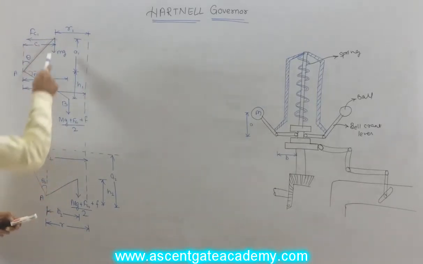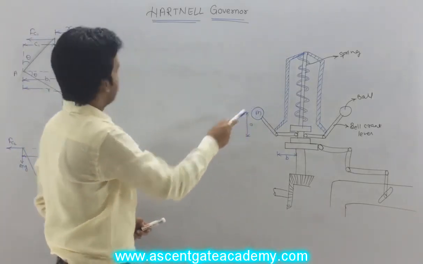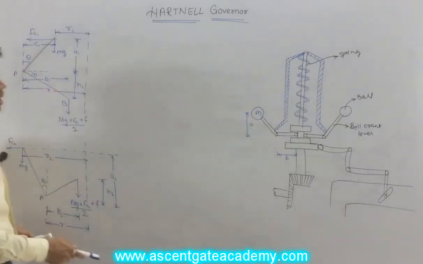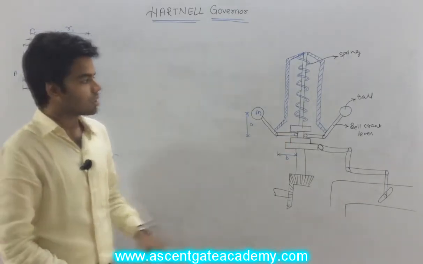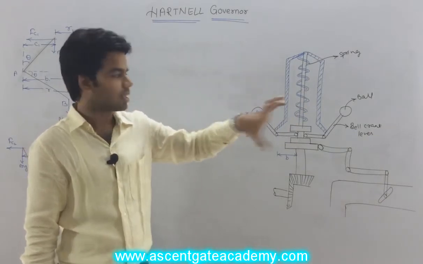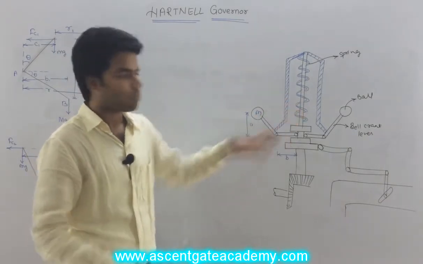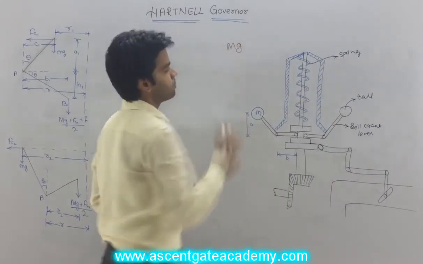Okay, now at this particular point, mass mg is acting. At this end point, mass mg is acting. At this particular point, what are the forces acting? First is the mass of this sleeve, the complete central load, the central mass of this sleeve, which is suppose capital Mg. Total mass is suppose capital Mg.